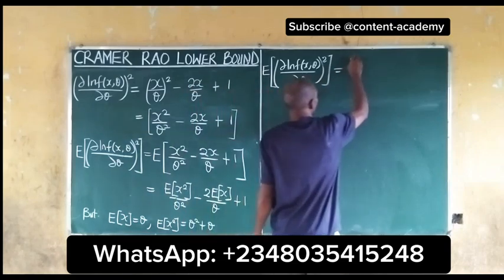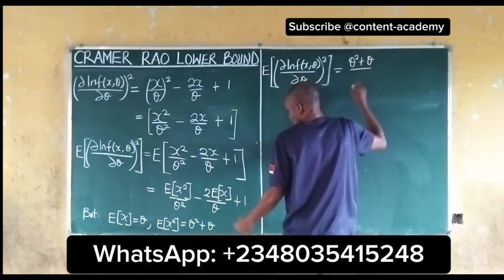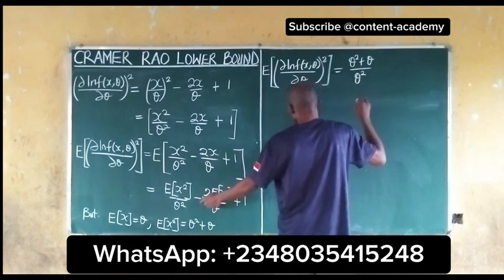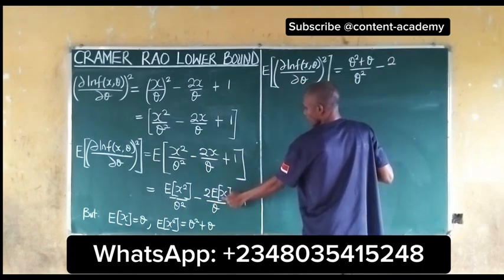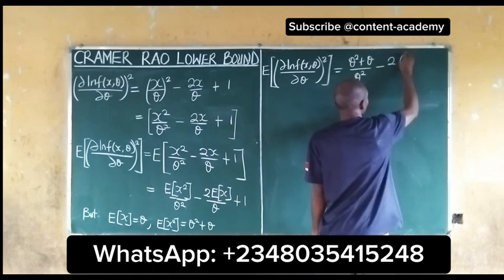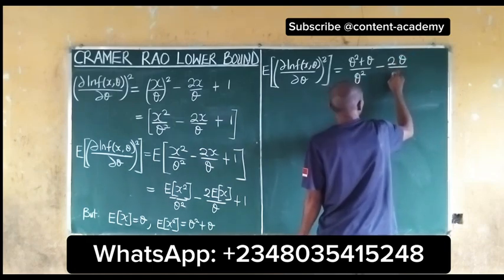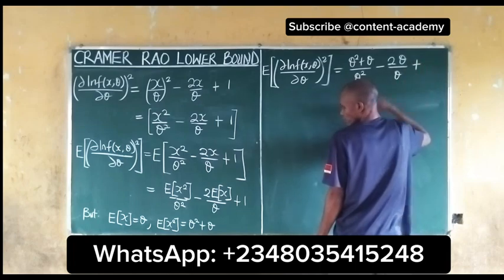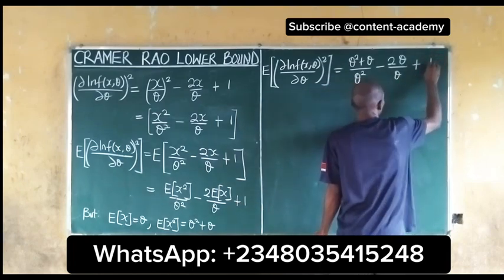So we have theta squared plus theta all over theta squared, minus 2 into expectation of x, which is theta, 2 into theta all over theta, plus 1.